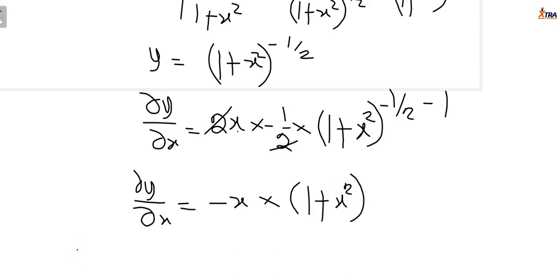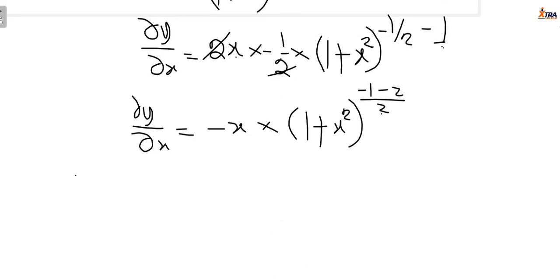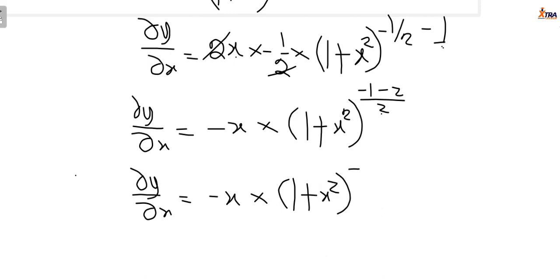This is over 2. 2 into 1, minus 1. This is over 1, 1 into 2 is 2. 2 times minus 1, we have minus 2. So we have dy over dx now equals minus x times 1 plus x squared to the power minus 3 over 2.